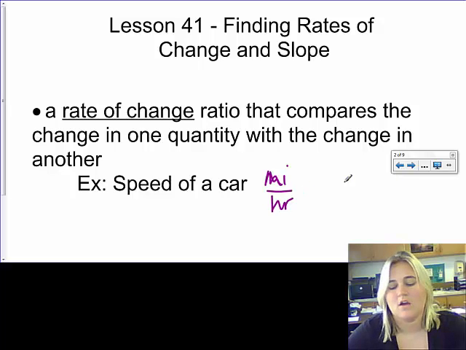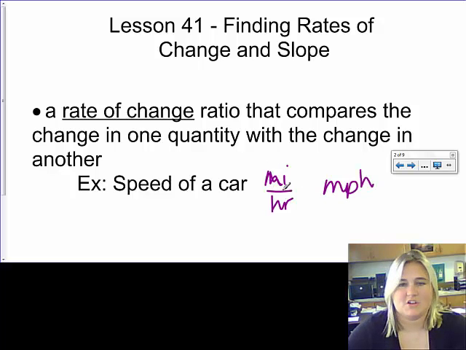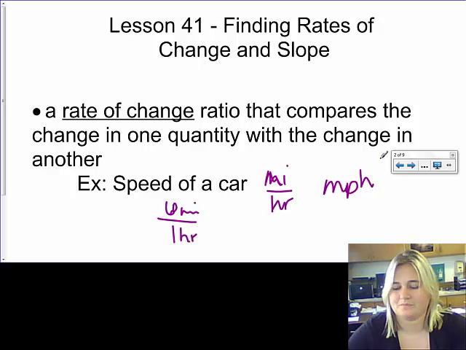Or you probably think of it as mph, but this is the ratio. So on your way to Clarksville, the speed limit is 60 miles per hour. That's the ratio.